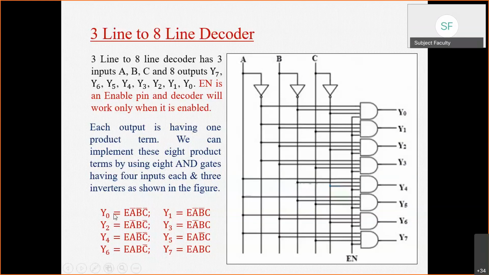Hence Y0 can be written as E into A bar into B bar into C bar. Similarly, you can represent all 8 outputs. If you neglect the enable input for a while, these are nothing but A bar B bar C bar, A bar B C bar, and so on up to A B C. These are nothing but the minterms of a 3-variable K-map. So you can remember it like this.